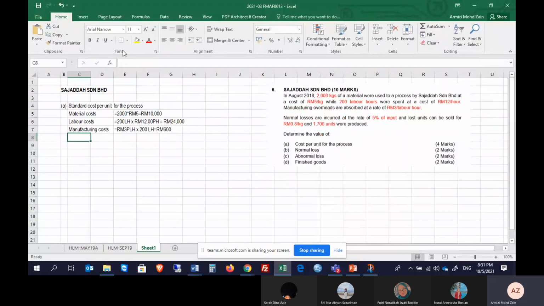Okay. So material cost dah kira, labor cost dah kira, manufacturing cost dah kira. So total cost, total production cost ke total cost sama je lah.